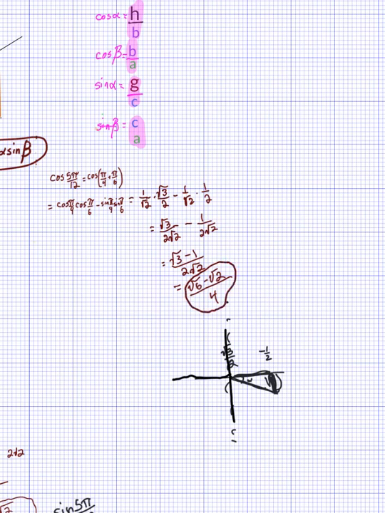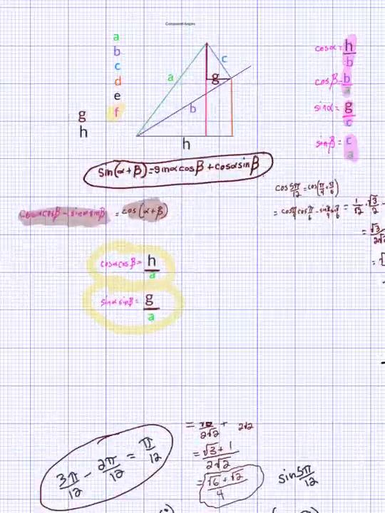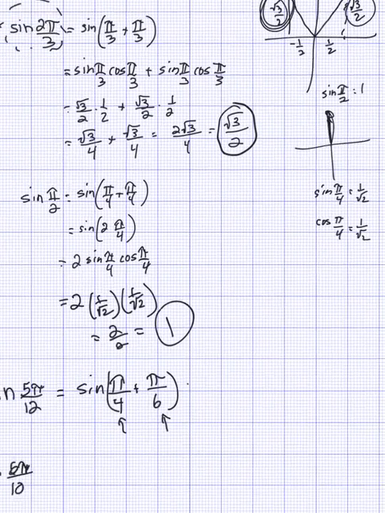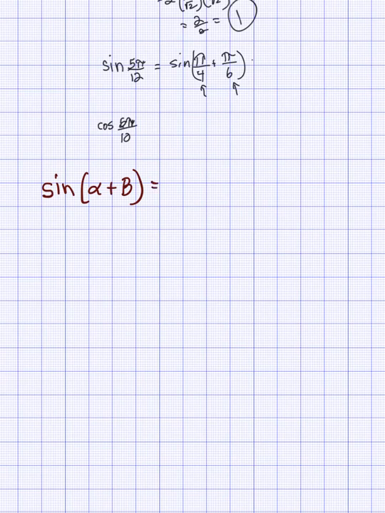There you have it. All right, so what did we learn? From those sets of triangles, we learned that the sine of any two angles added together is just going to equal the sine of the first times the cos of the second plus the cos of the first times the sine of the second.